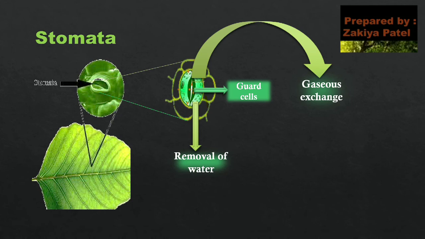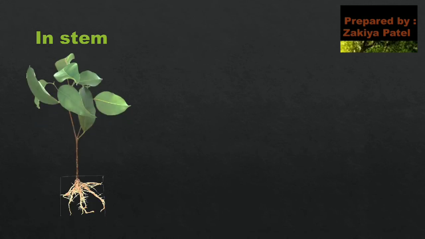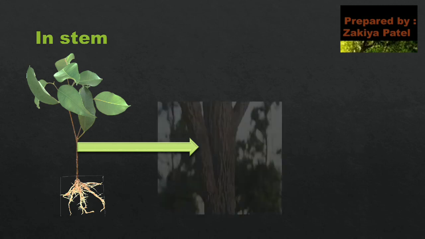Okay, now we have already talked about the roots and leaves of the plant. Now let's talk about the stem. Do you think that stems also contain the same epidermal layer as roots and leaves have? Actually not. Generally, in big trees the epidermal layer is converted into secondary meristem, which we have already learned is cambium.